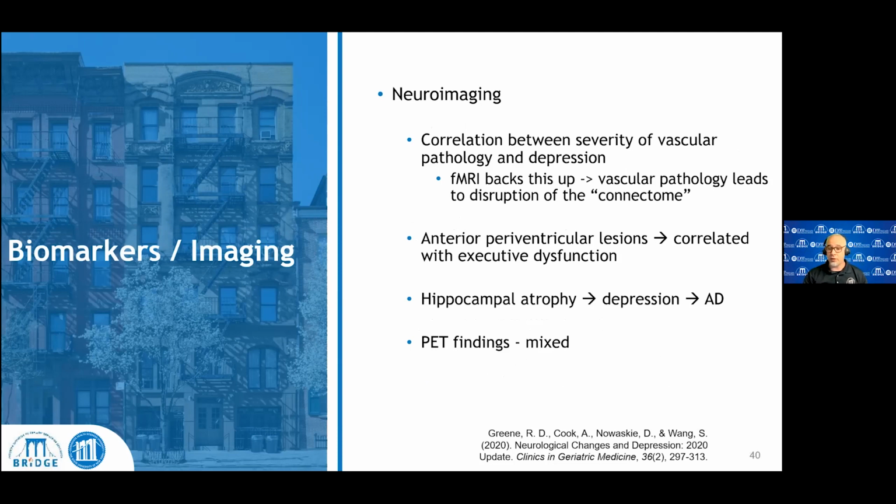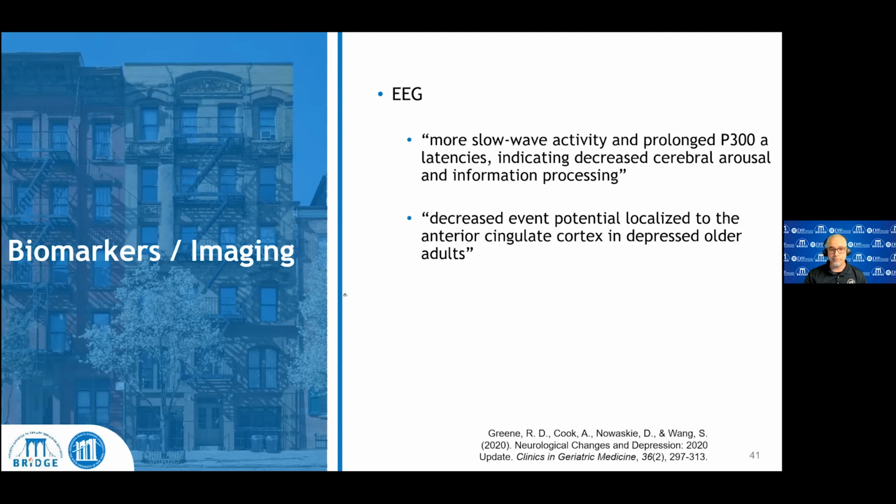The presence of anterior periventricular lesions are correlated highly with executive dysfunction in these patients. Hippocampal atrophy, as I mentioned earlier. However, findings from PET studies have been kind of mixed and shouldn't really be considered as worth mentioning in this talk as of yet.